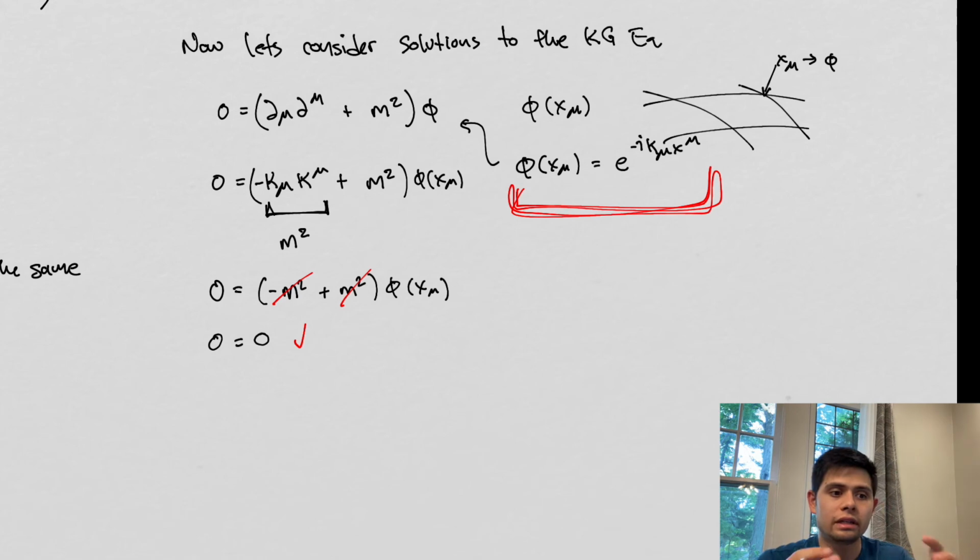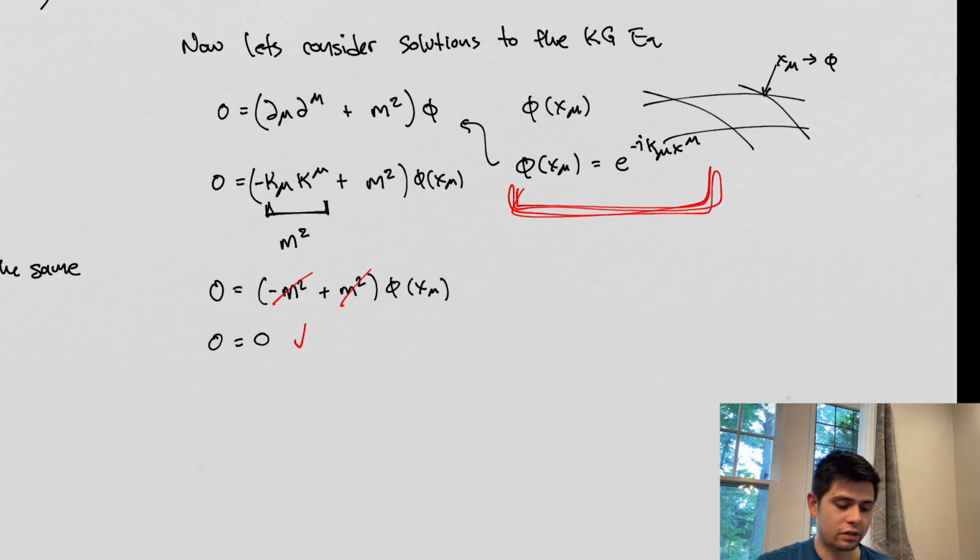And that comes from the proposition that m squared is the inner product between these two four vectors right here.